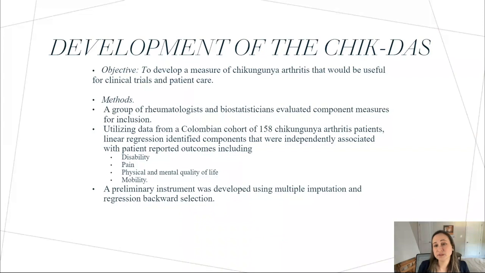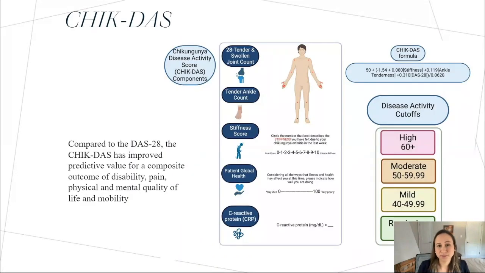Another thing that we do to facilitate the research and the trial is we've developed a chikungunya-specific disease activity score. To develop this score, we amassed a group of rheumatologists and biostatisticians and analyzed the data from our Colombian cohort in order to determine how disability, pain, physical and mental quality of life, and mobility were related to different metrics so that we could design an improved disease activity score.